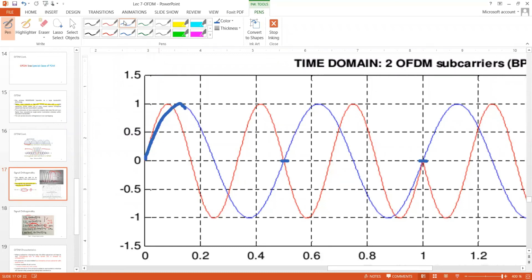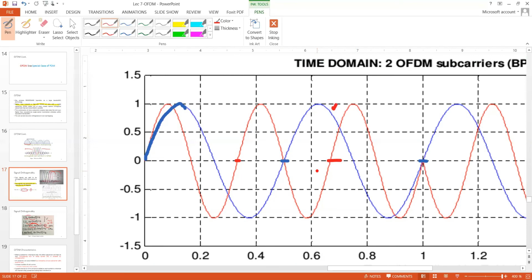Another sine wave is represented by a red pulse, which has a frequency of 3. So the red signal is actually the harmonic of this particular frequency, and it is understood that both of these signals will be orthogonal to one another.